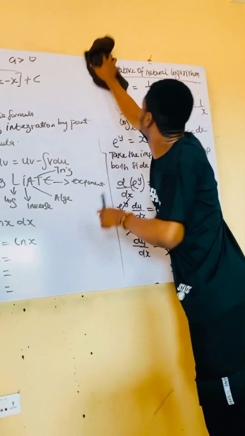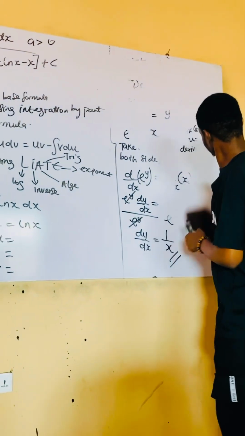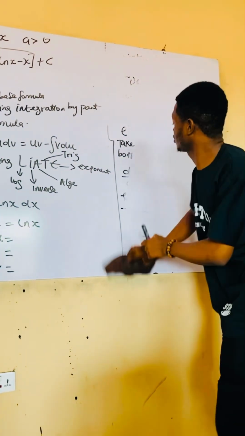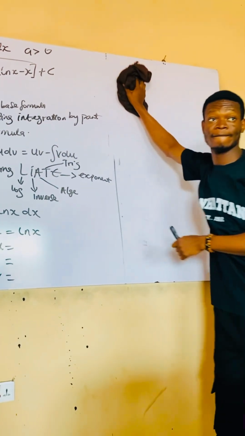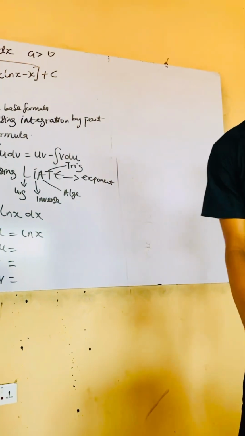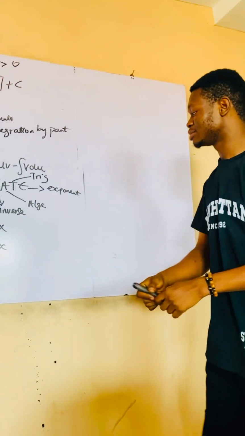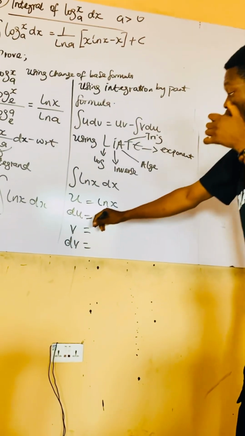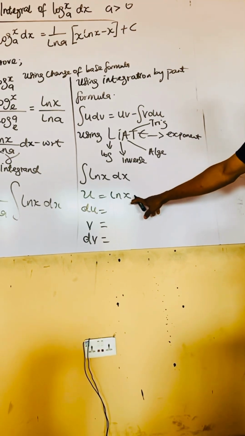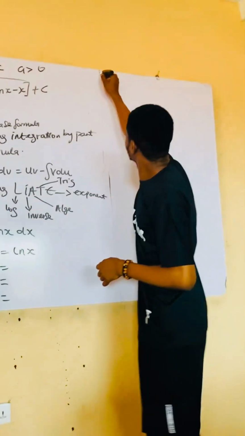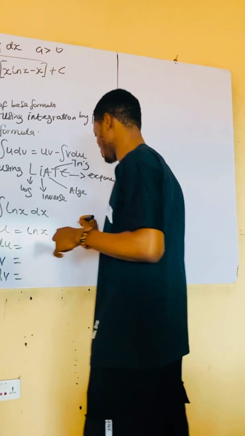So, let me clean this place. Don't worry, we'll still find it. So our du will be what? Let's differentiate this so that you see.